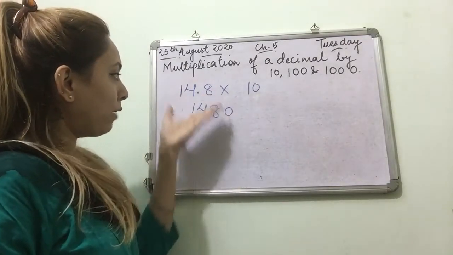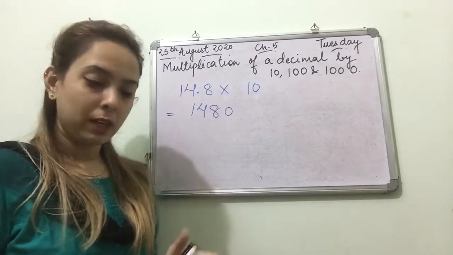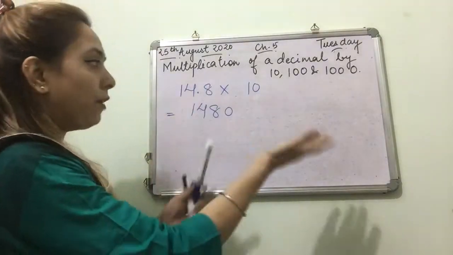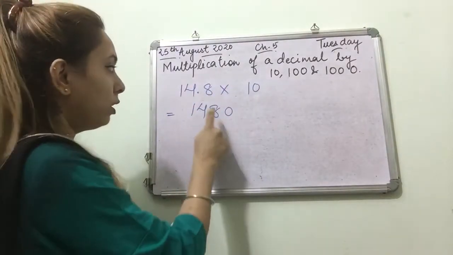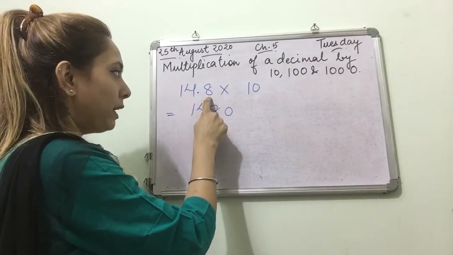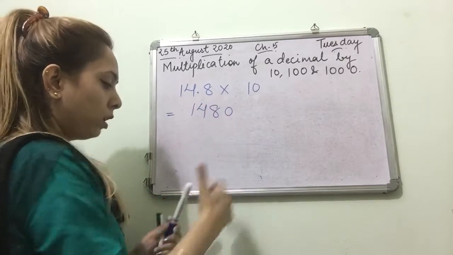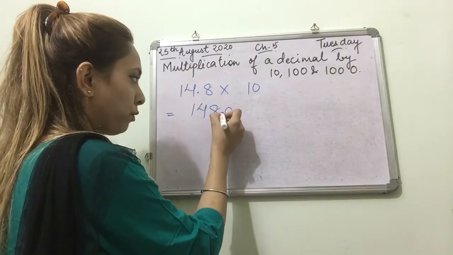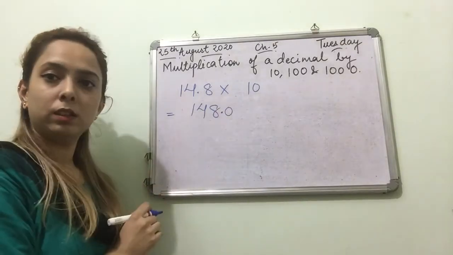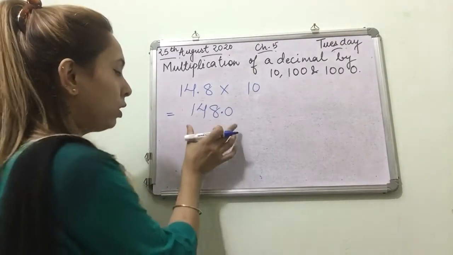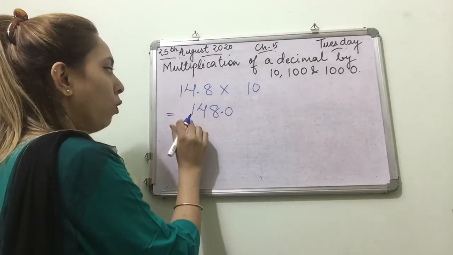Now we have to put the decimal again. The way we did in the previous topic, here we have one decimal place, so we will put the point just before one number.